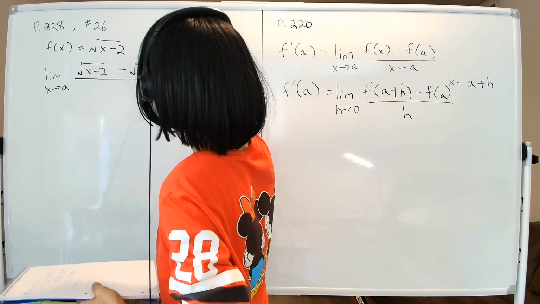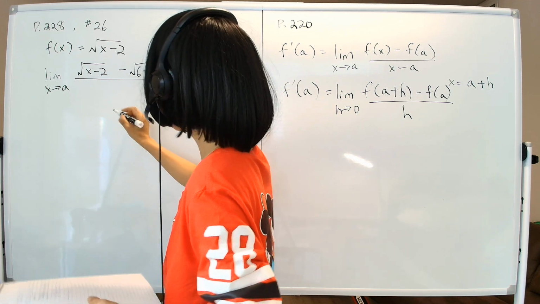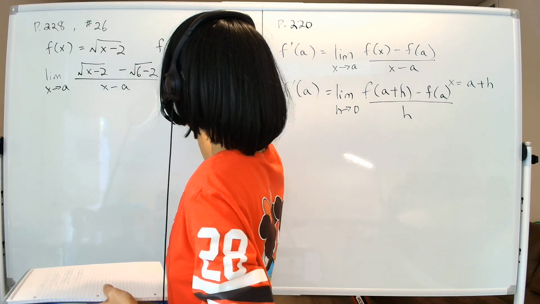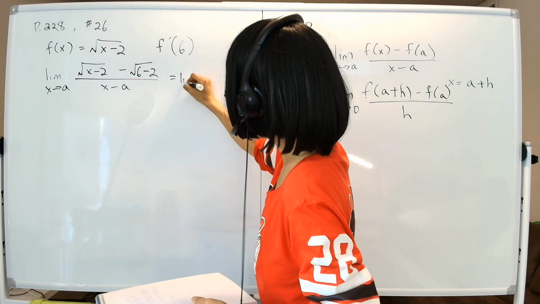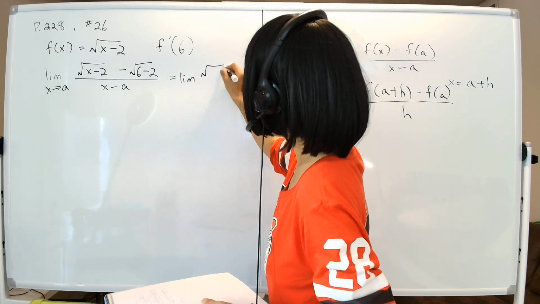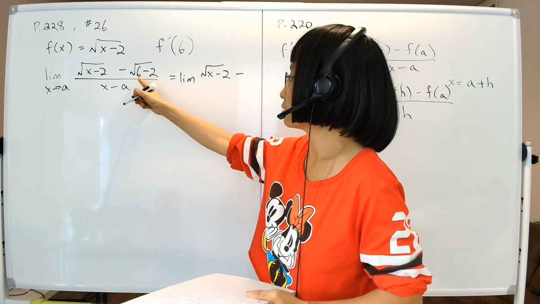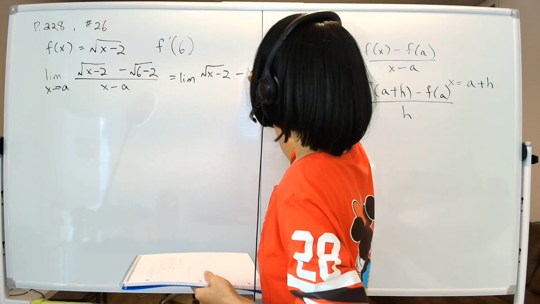A is 6 in our case. So we'll clean that up slightly, which is the limit of square root of x minus 2 minus square root of 4. Square root of 4 is 2.